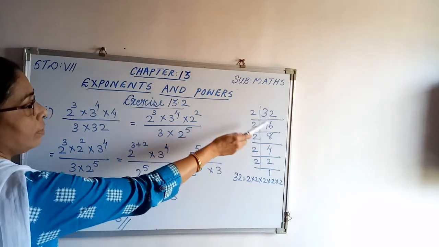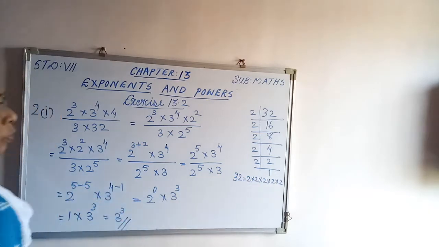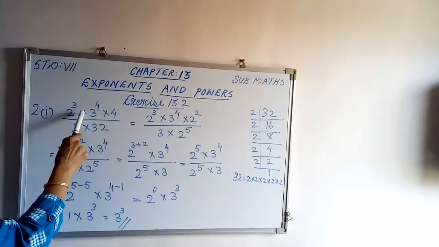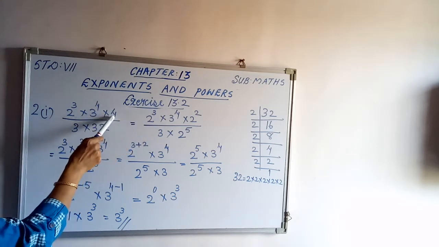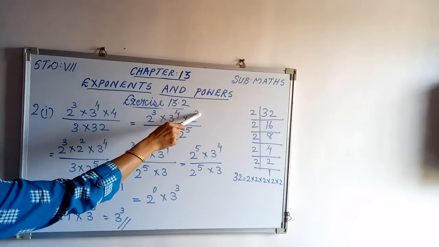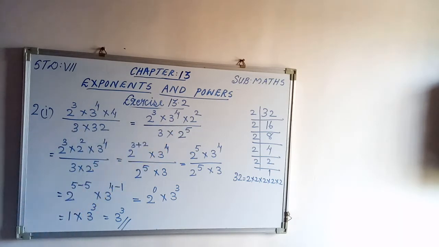32 factorized, we get 2 into 2 into 2 into 2 into 2, 2 multiplied 5 times. So we can write 2 raised to the power 3 multiplied by 3 raised to the power 4. 4 can be written as 2 raised to the power 2. Then 3 as it is, 32 written as 2 raised to the power 5.